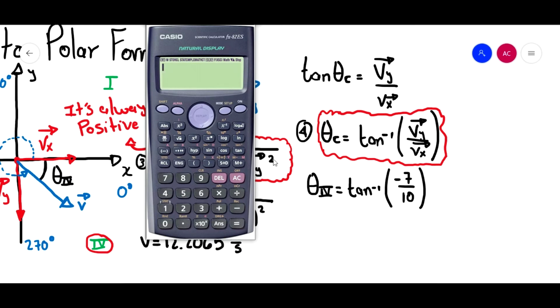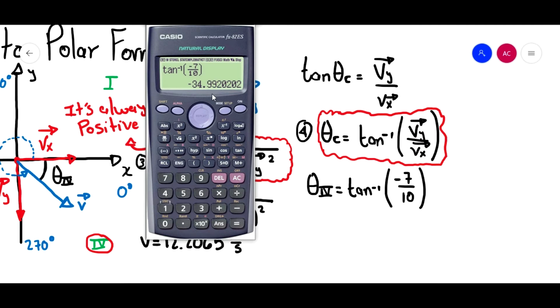I need to use tangent inverse, which is shift and tangent. It's a fraction, so I press this button: minus 7 over 10. Then I close the parentheses and hit equal. And I got minus 34.992. So that's the value of the angle.